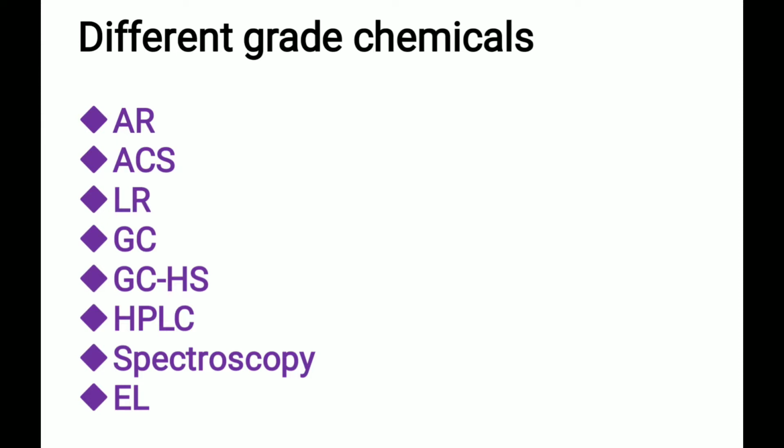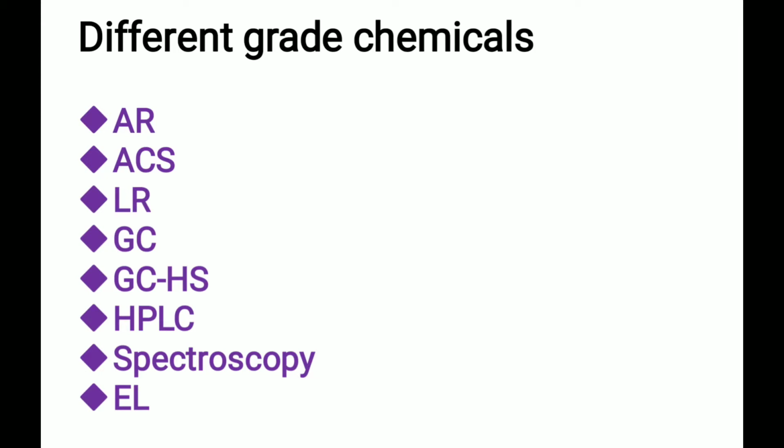Different chemicals like acetonitrile, methanol, trifluoroacetic acid, orthophosphoric acid, and many more are used as the mobile phase to separate the analyte.